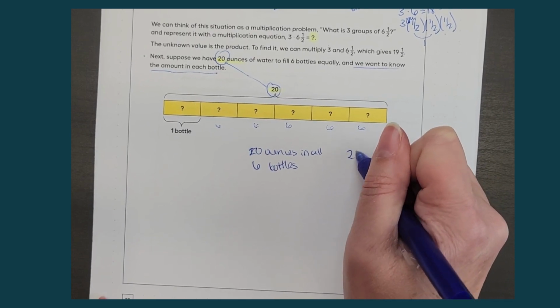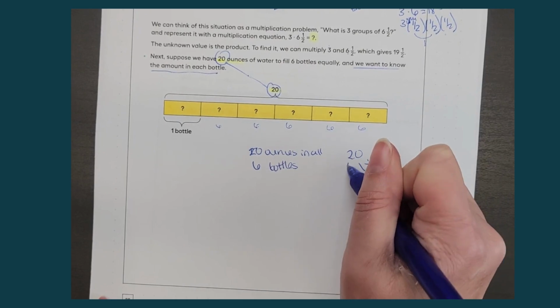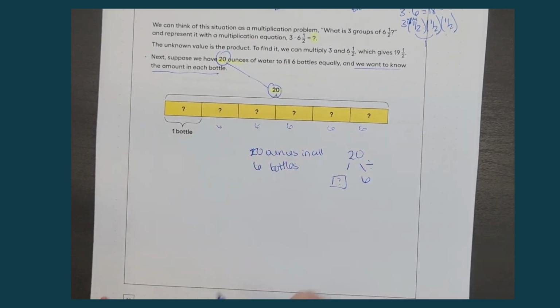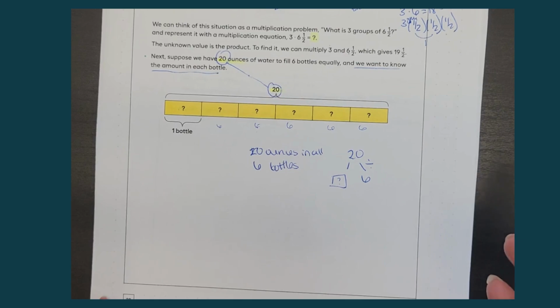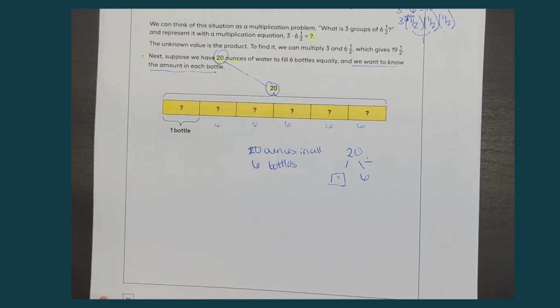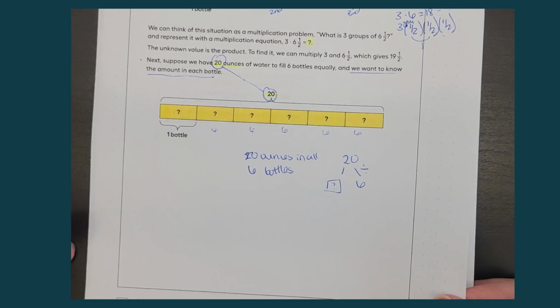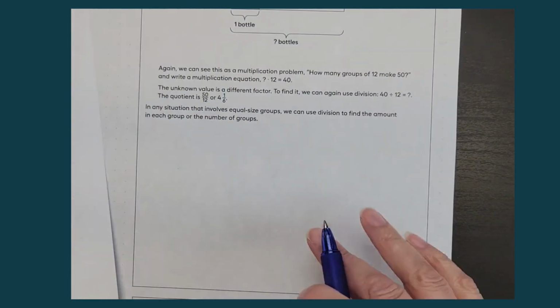So I have 20 in all, and I'm going to be dividing that by 6. What is this amount over here? That's what I want to know. And you can see that here as well. Now I have to think about, will that go in equally, or will I have a fractional amount left over?